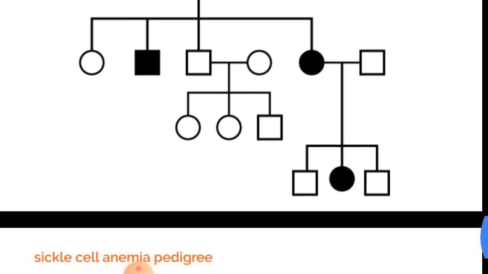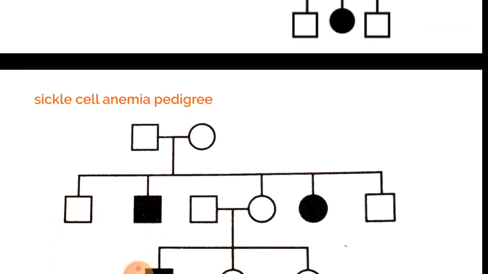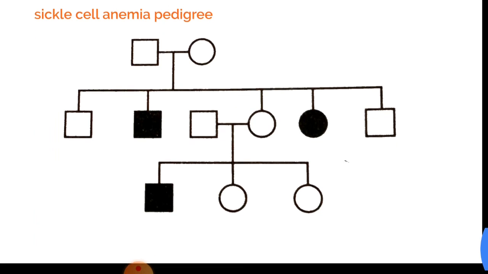Now the next example we take is sickle cell anemia. This is an autosomal recessive trait. Right here you see the parents from where we start this analysis, they are both unaffected. The genes for an autosomal recessive trait are located on the autosomes and they are expressed only when the offspring is homozygous recessive.